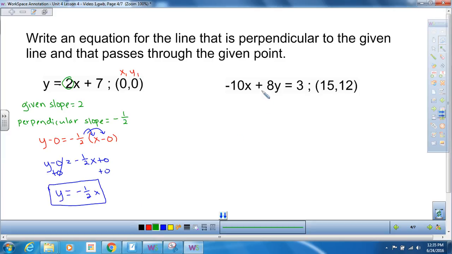Okay, now this one is a little bit harder because I can't tell by looking at it what my given slope is. So what I have to do is change this to get y by itself. So it's a little bit of work here. I'm trying to get y by itself. So the first thing I need to do is add 10x.